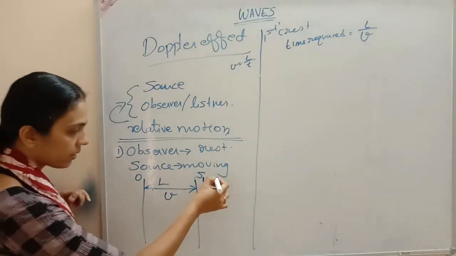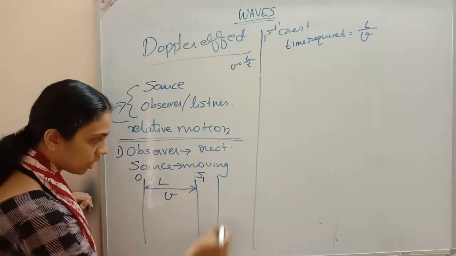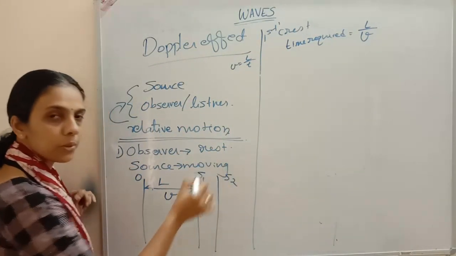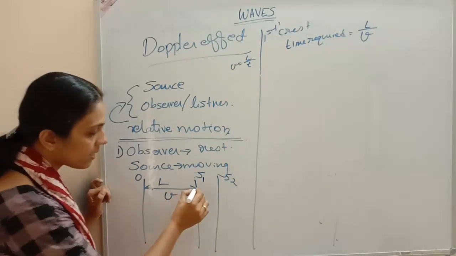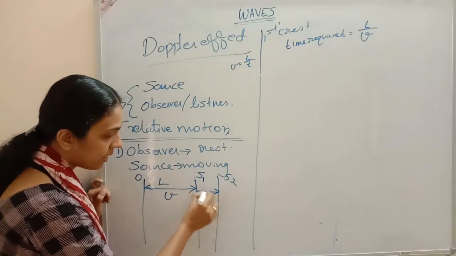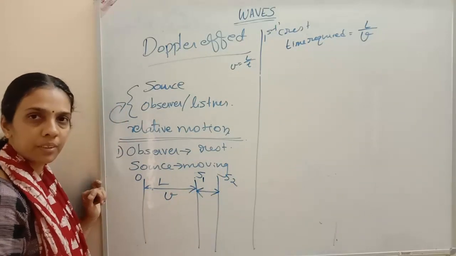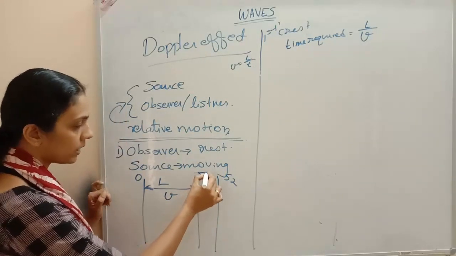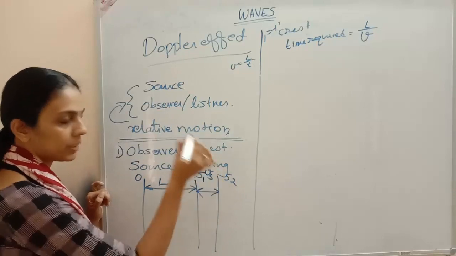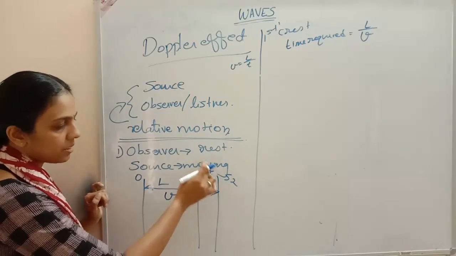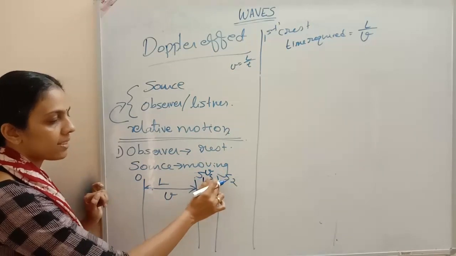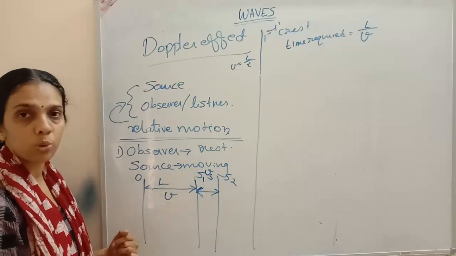Now the source is moving. It reaches the position S2, so it is producing the second crest. What will be this distance? The source is moving with velocity Vs. So what will be the distance covered by this source?